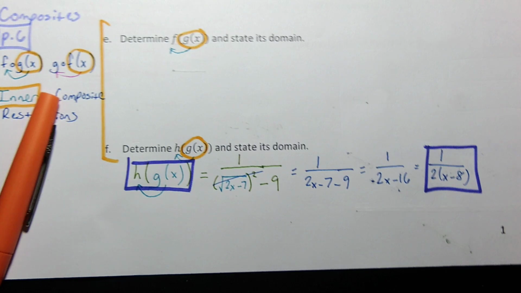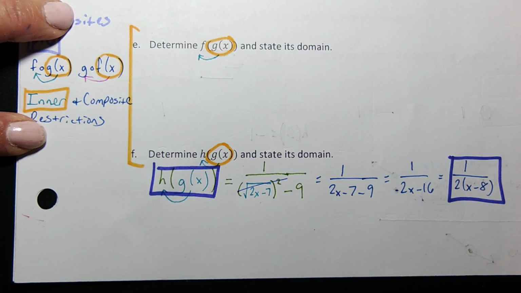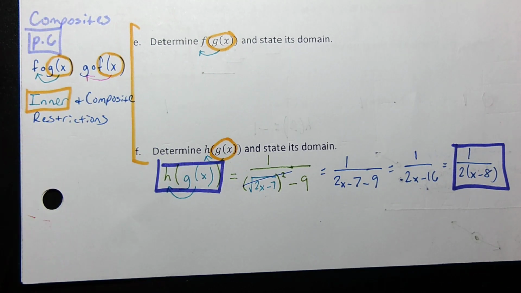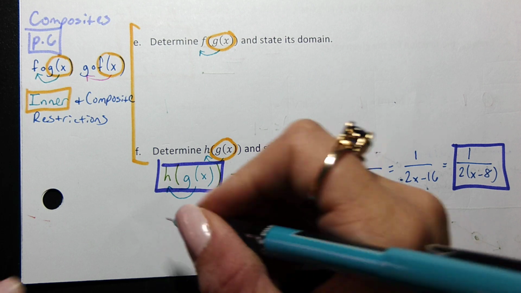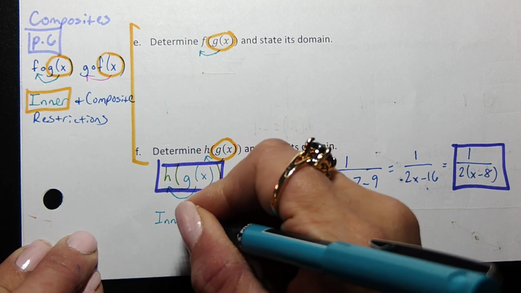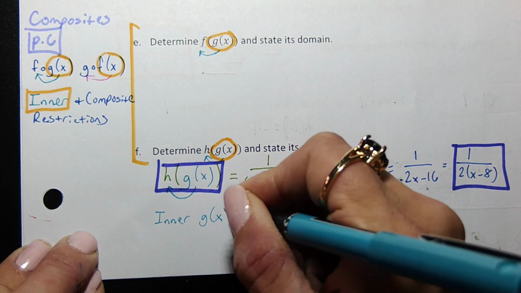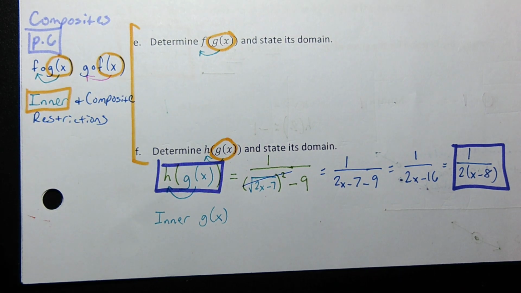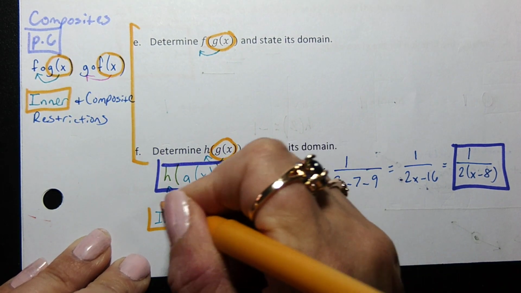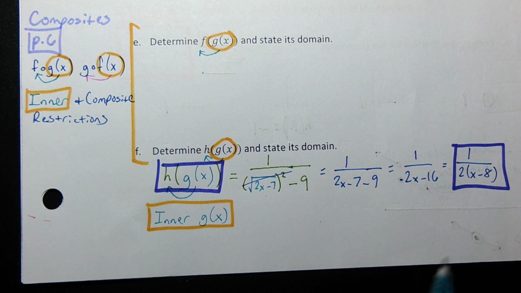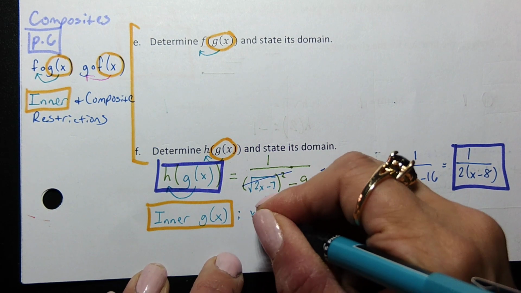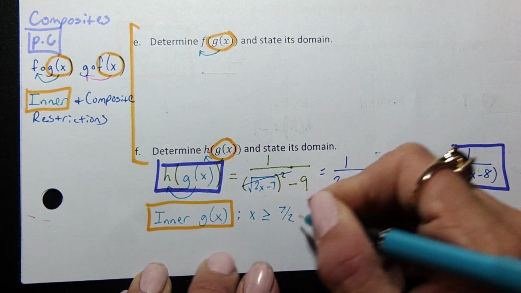Now for the restrictions. Who's our inner function in this problem? G of x. So the inner is g of x. So does g of x have any restrictions? Yeah. X needs to be greater than or equal to 7/2.